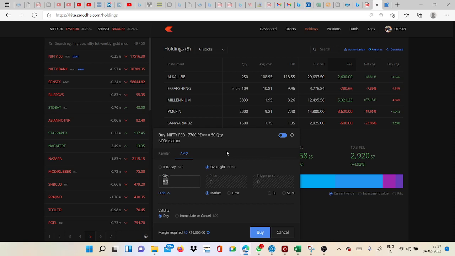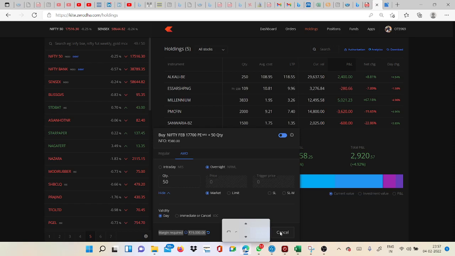But if the price increases and goes above this 7,700, that moment will be the break even point, and after that it will have a big loss. So it means your premium can go to zero when the price reaches this. Okay, this premium, total margin or premium, whatever you'll pay, will be zero.